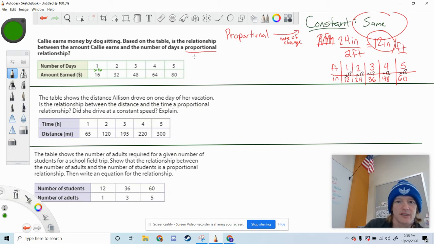Is that times 16? Well, let's check. 16 times 2 is 32, that's good, times 16. Are we adding 16 every time? Well, 32 plus 16 puts us at 48, so that's good, times 16.